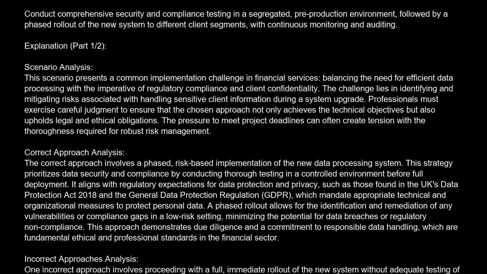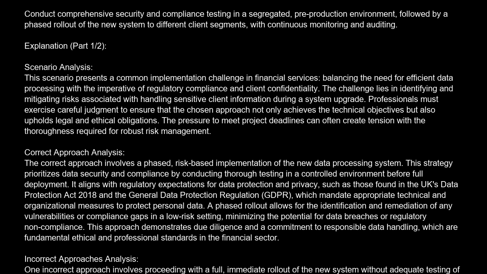Correct approach analysis. The correct approach involves a phased, risk-based implementation of the new data processing system. This strategy prioritizes data security and compliance by conducting thorough testing in a controlled environment before full deployment. It aligns with regulatory expectations for data protection and privacy, such as those found in the UK's Data Protection Act 2018 and the General Data Protection Regulation, GDPR, which mandate appropriate technical and organizational measures to protect personal data.